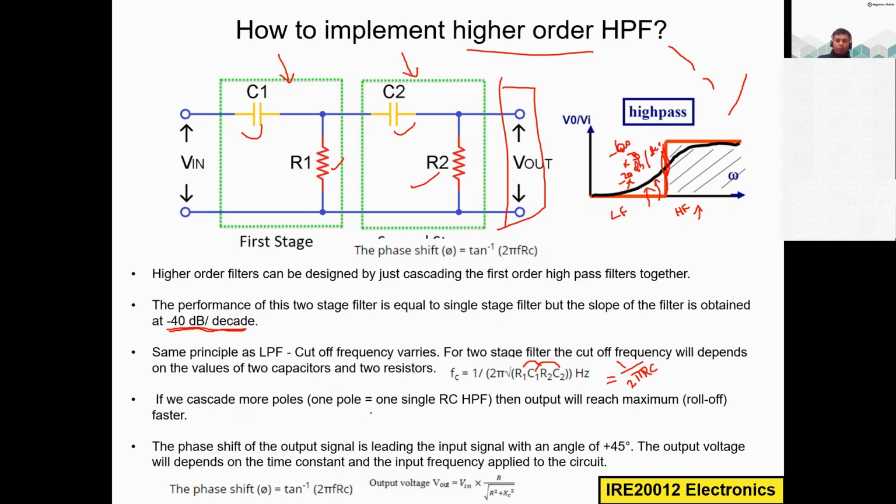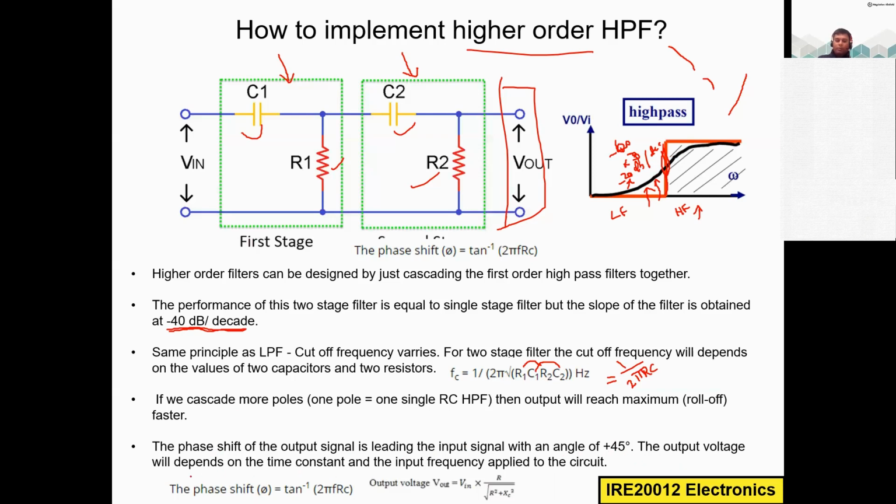So if we cascade more poles, then the output will reach the maximum value faster. The roll-up will be very fast, and it will reach the maximum output value quite fast when you go to the higher order filters. The phase shift of the output signal is leading the input signal with an angle of plus 45 degrees.